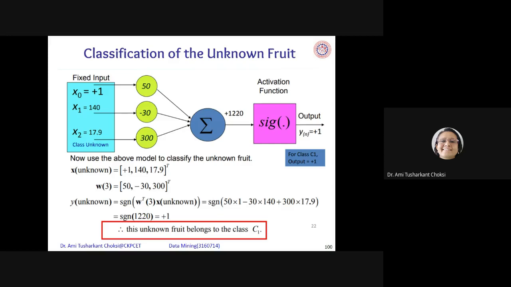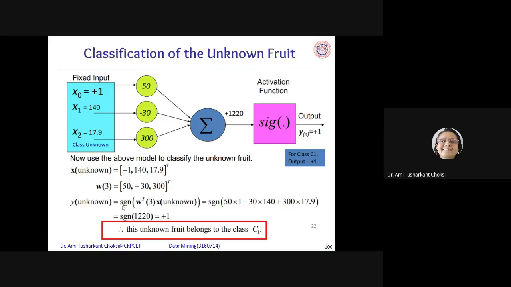The weight has three elements in it: 50, minus 30 and 300. We have to take the transpose for both of them. Do not forget that. I am explaining it again.